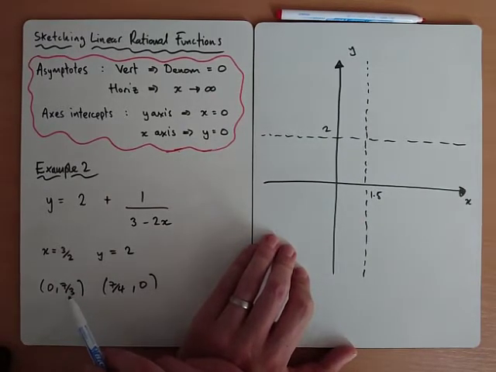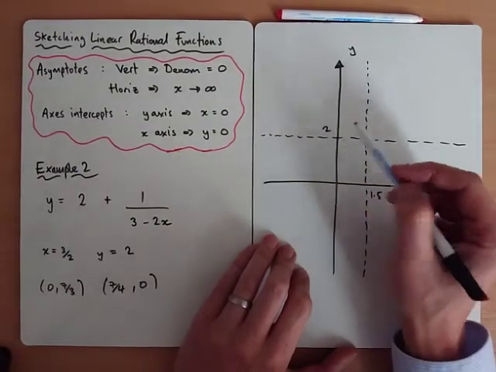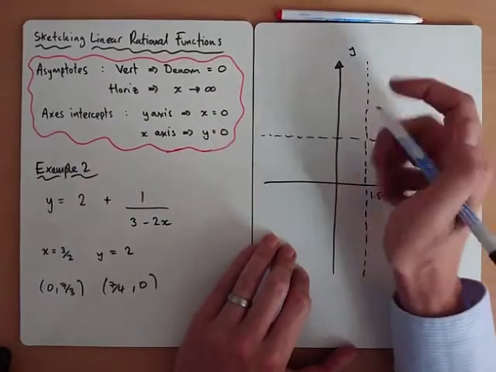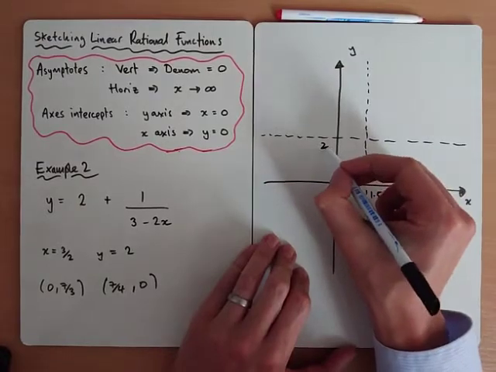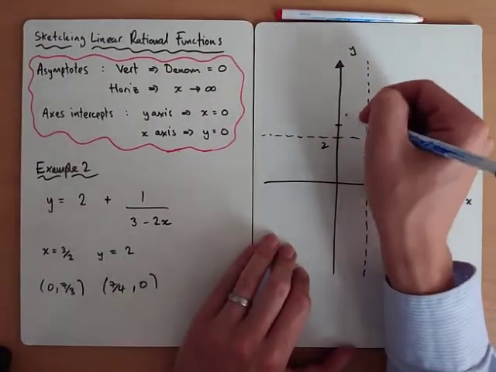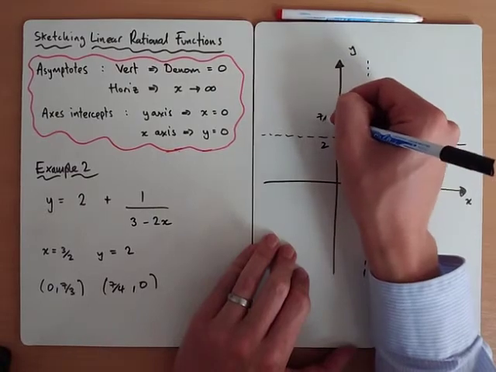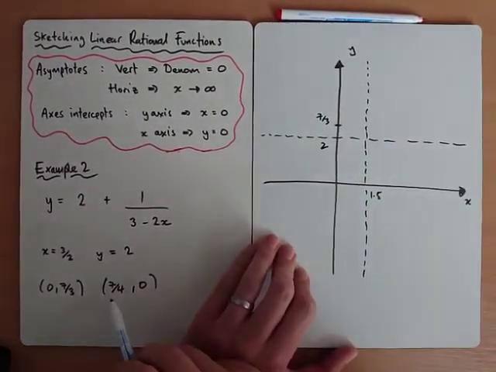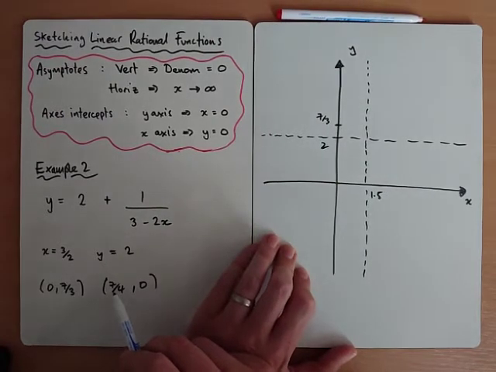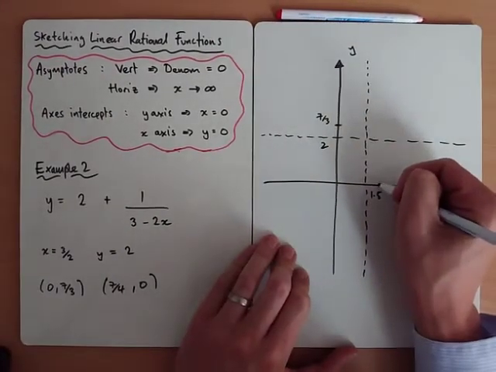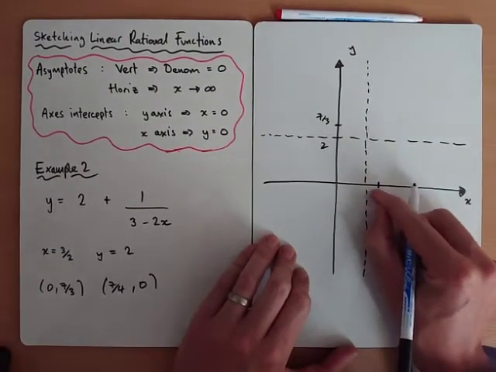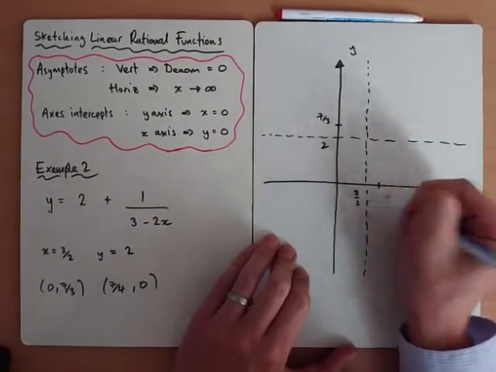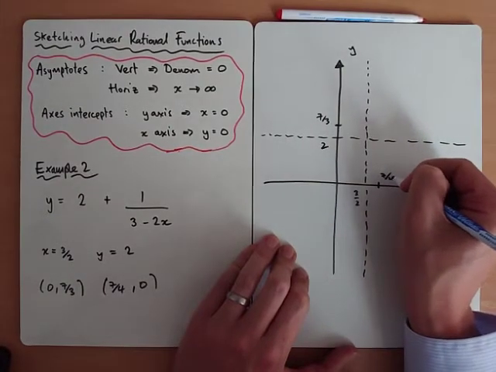Now (0, 7 over 3) is a little bit bigger than 2, isn't it? That's 2 1/3. There's 2, and think about that, that's 6/3. We've got 7/3, so 7 over 3 would be just above. And then we've got 1.5. We've got 7 over 4, which is 1.75. So again, write 3 over 2 there. 7 over 4 would be there.